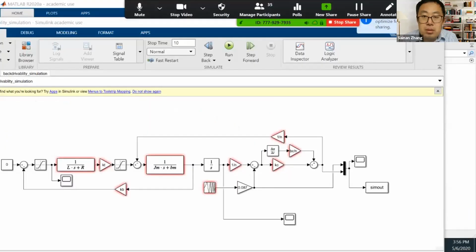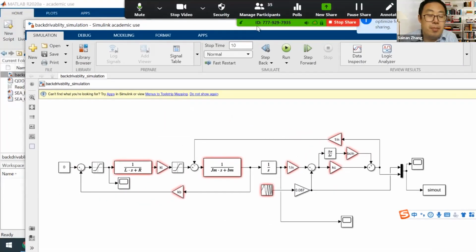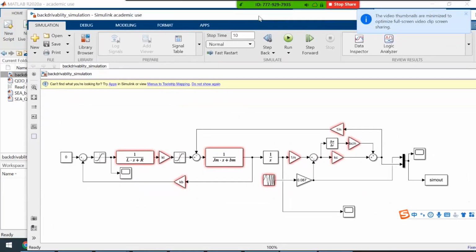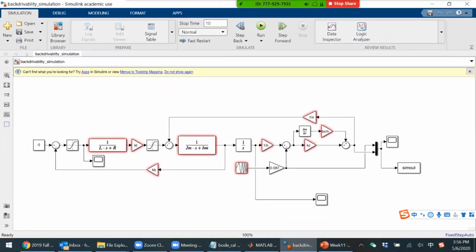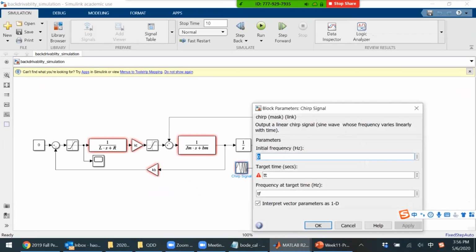You are talking about the lecture 11 one? Yeah, the lecture 11 code. Let me open it. Give me 1 second to open it. Share screen again. This code you are talking about? This backdrivability? Yes. So right after the chirp function, there's a gain of 0.087. Where does that 0.087 come from?